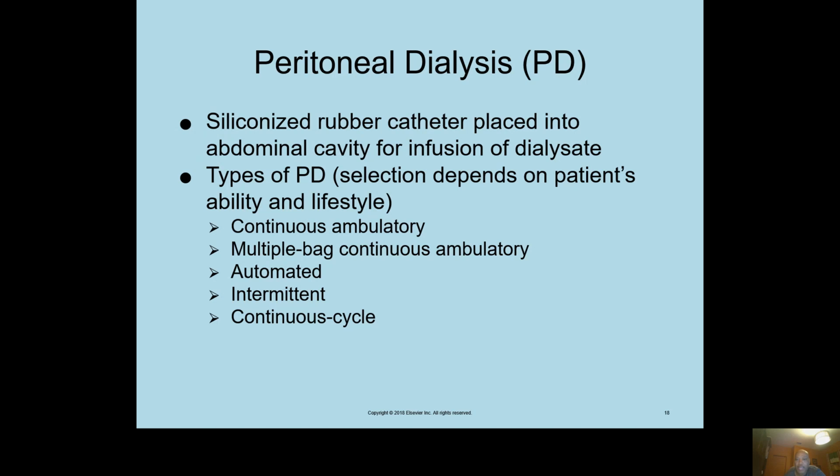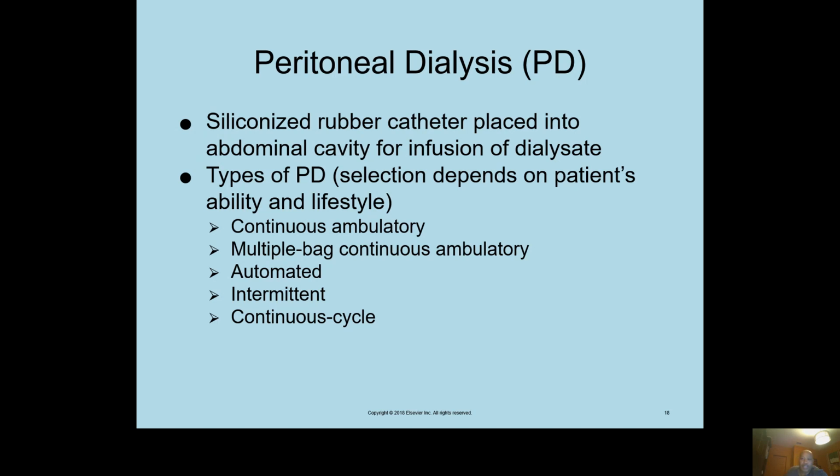Now the peritoneal dialysis is not as long, but a siliconized rubber catheter is placed into the abdominal cavity for infusion of the dialysate. All right. And so the types of peritoneal dialysis selection depends on the patient's ability and their lifestyle.